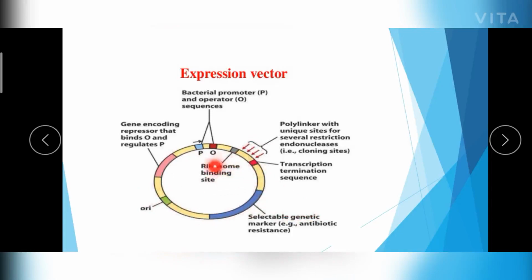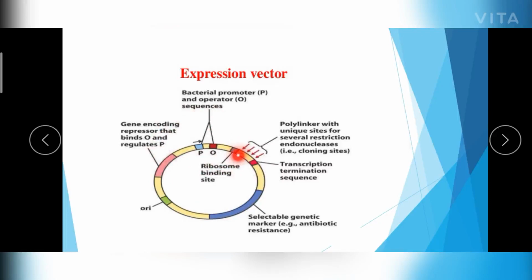The additional segments present in the expression vector are the regulatory elements, like the promoter, which promotes the transcription of our desired gene, the operator which regulates the gene expression, and the gene encoding the repressor, which also controls the gene expression.